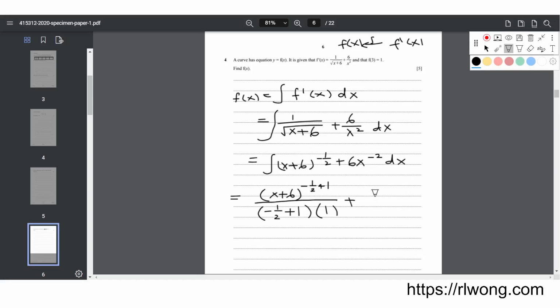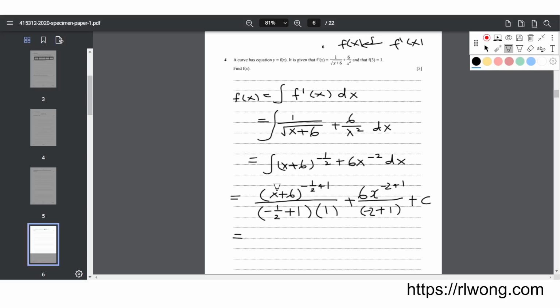Next, to integrate 6x to the power of minus 2, I'll just copy 6. Then for x to the power of minus 2, I'll add 1 to the power, then divide by the new power, then plus c.